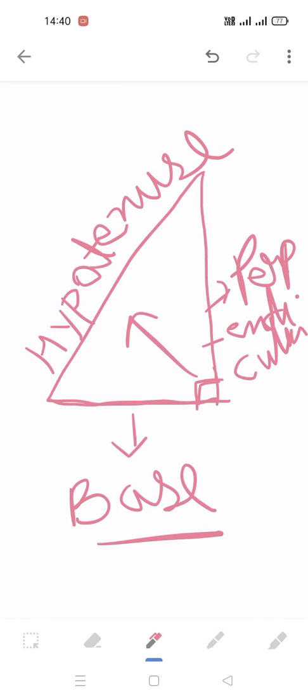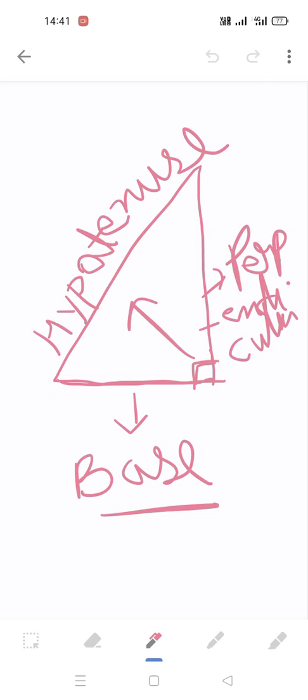In a right angle triangle, the side opposite to the acute angle will be your perpendicular. What is an acute angle? An angle that is less than 90 degrees is an acute angle.